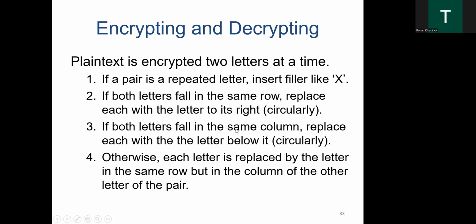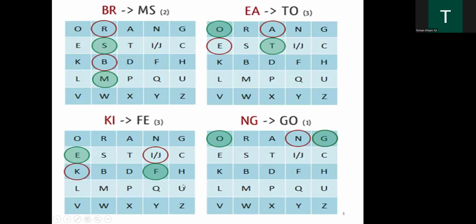If both the letters fall in the same column, then we have to replace each letter with the letter below it, in a circular manner. Otherwise, if they are neither in the same row nor in the same column, then we replace each letter with the letter at the intersection of its row and the other letter's column. So I will give you an example.